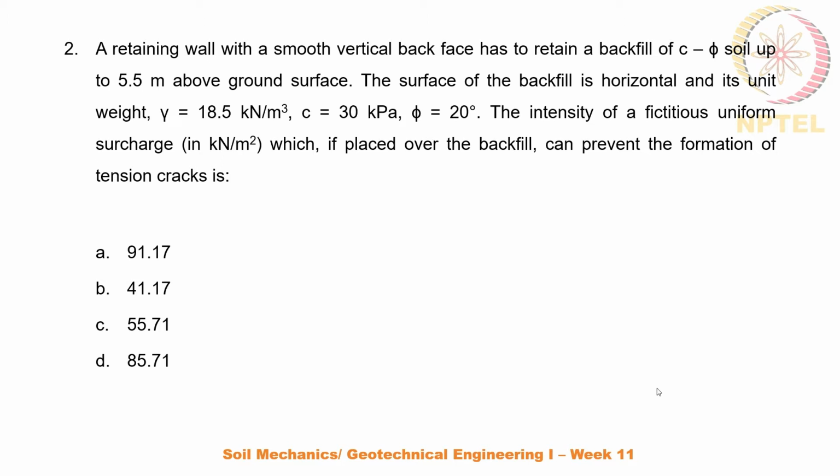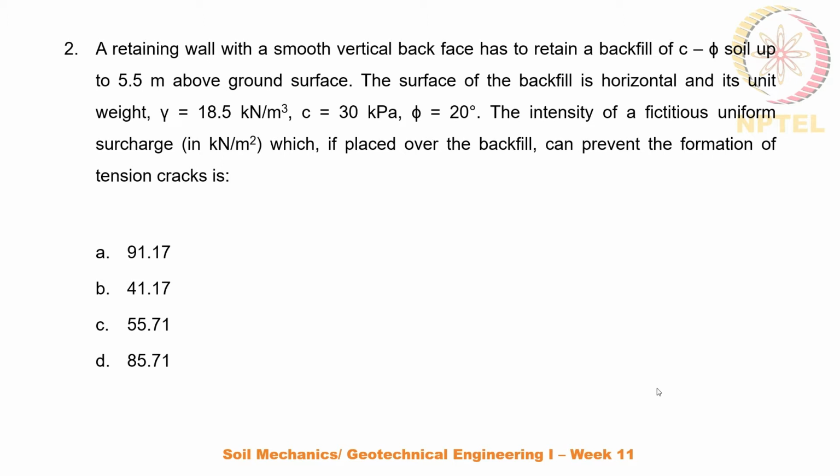Cohesion C is 30 kilopascal and angle of shearing resistance is 20 degree. The intensity of fictitious uniform surcharge, which if placed over the backfill can prevent the formation of tension cracks, is.